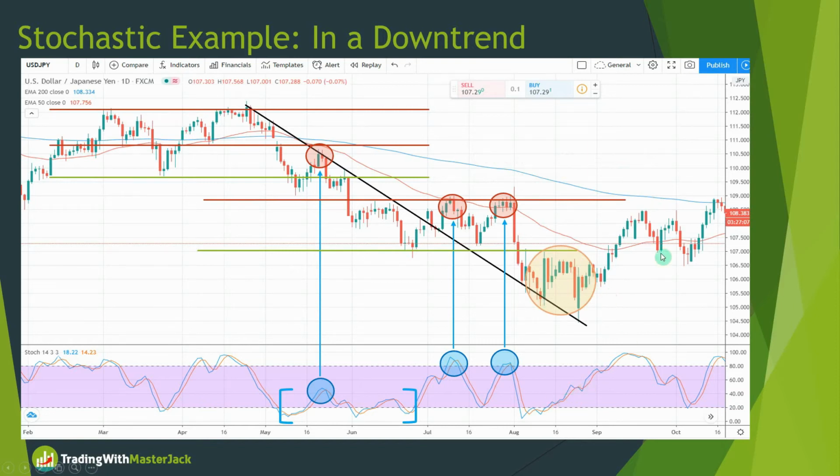So you can see it becomes very choppy. And over there was the next opportunity when it became overbought, and that was in a stronger pullback in this downward direction, and you could catch some profits there as well.